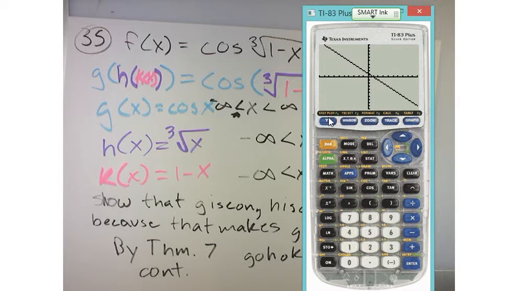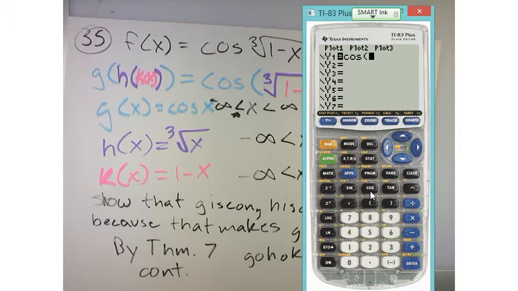So now let's graph the whole thing. I'm going to say cosine in parentheses. Now I'm going to set another set of parentheses, and I'm going to say 1 minus x. And to take the cube root of that, I'm going to raise that to the 1 divided by 3. Now I've got 3 open parentheses, so I need 1, 2.